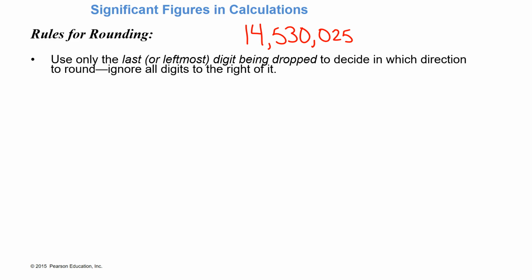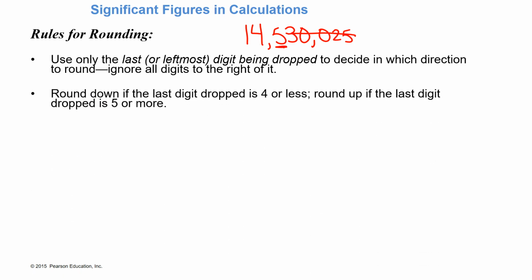Ignore all the digits to the right. So we were trying to go to 2 sig figs, so I'm using that number. I don't care about those numbers. I'm only using the 5, that 1 5. I'm not going to round the 5 at the very end to make that 2 or 3. Or if there was a sequence of numbers, I'm not going to round until I get to that point. I'm just going to round it one place on it. All right, and that gives us the 15 million.